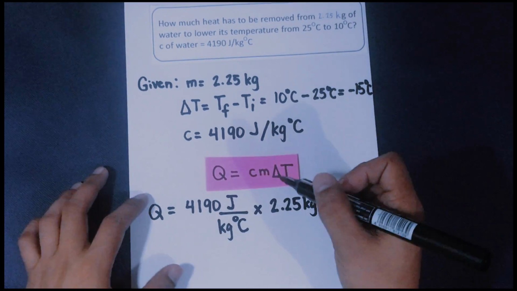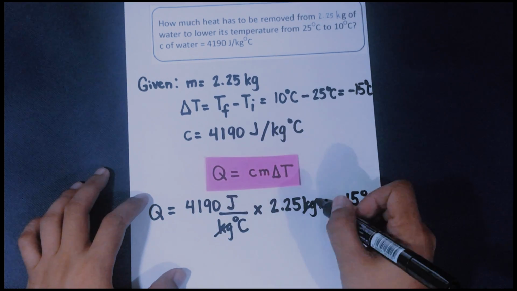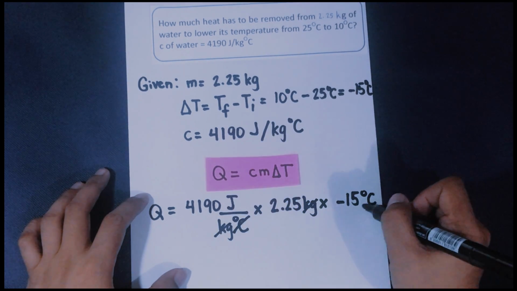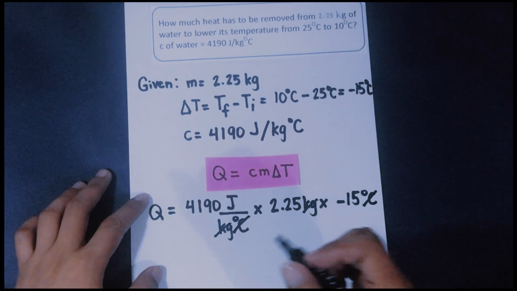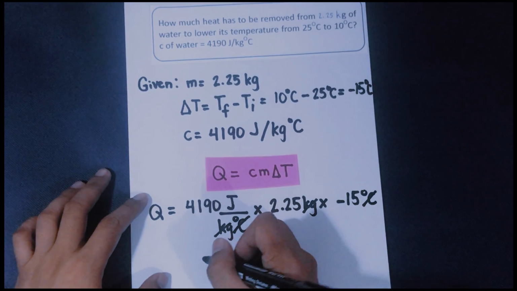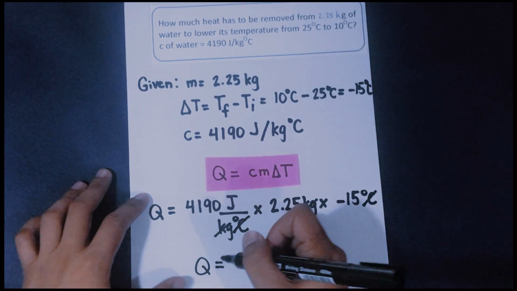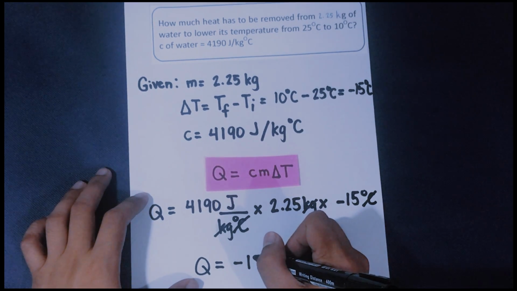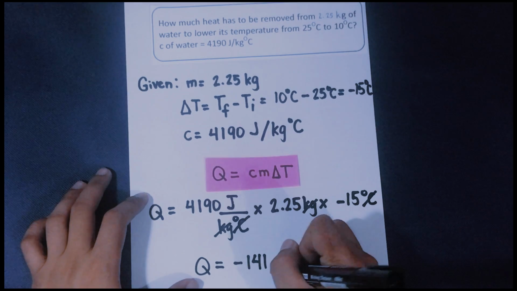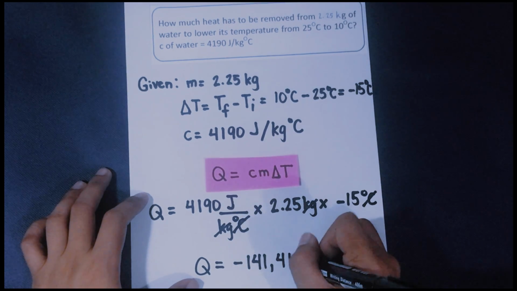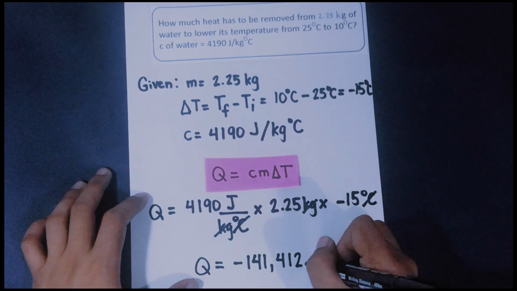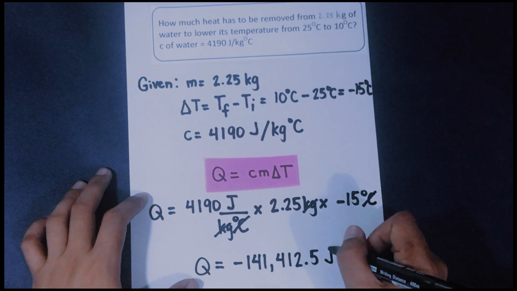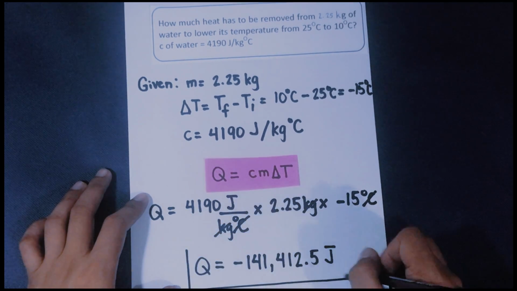Don't forget to cancel the units. Kilogram, kilogram, degrees Celsius to degrees Celsius. Joules is the unit left. So solving for everything, we have Q is equal to negative 141,412.5 joules. So again, it's a large number.